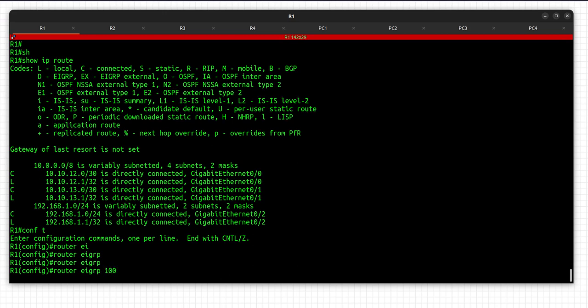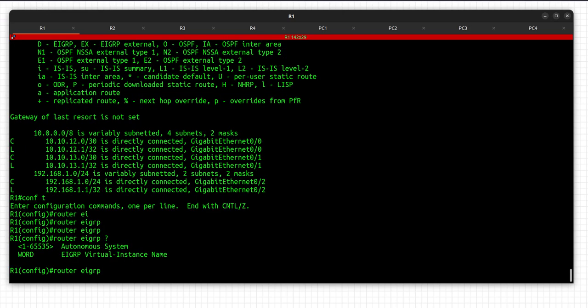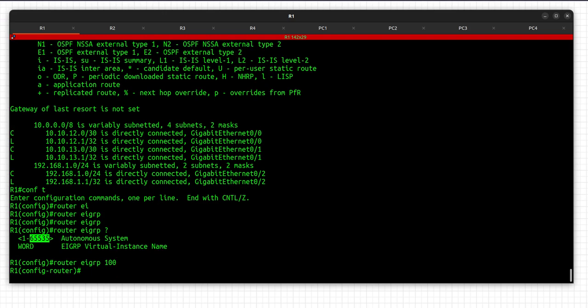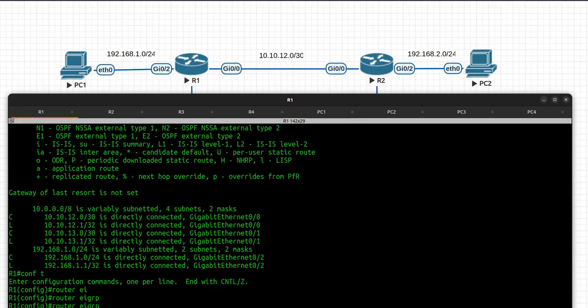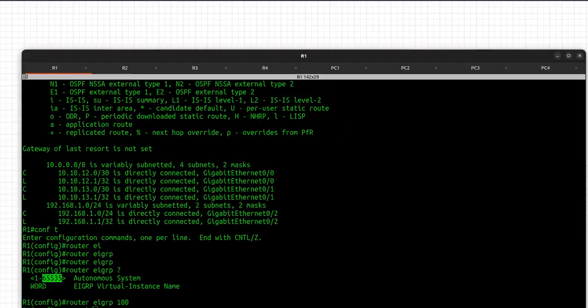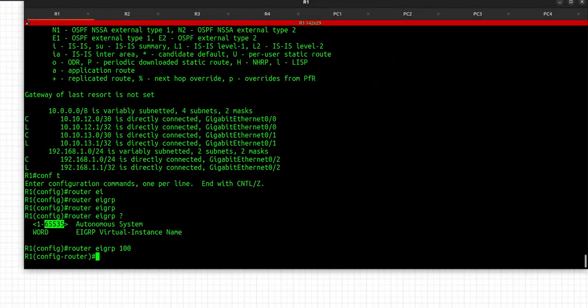Normally you can choose any number from 1 to 65535. So autonomous system 100, and then we need to advertise the subnets that we are using.